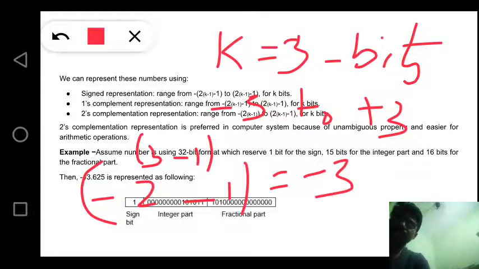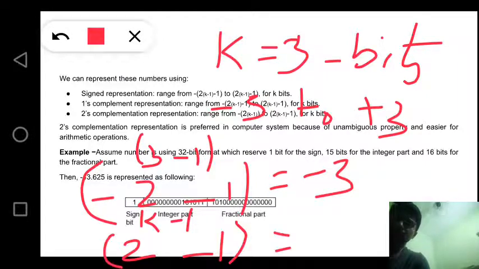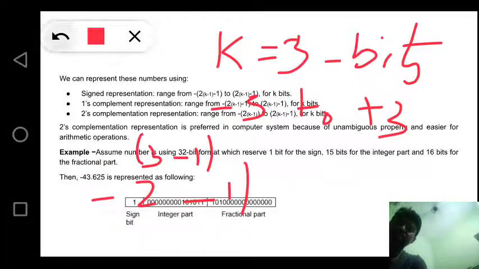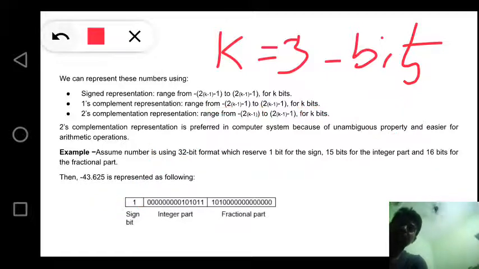Minus 3. Similarly, 2 power k minus 1, minus 1, that is plus 3. So minus 3 to plus 3. This is the range. This is called the range of the signed representation in memory. See, now we are talking about how the number is stored in the memory. It is the most important thing.